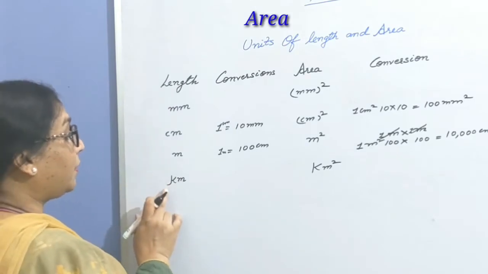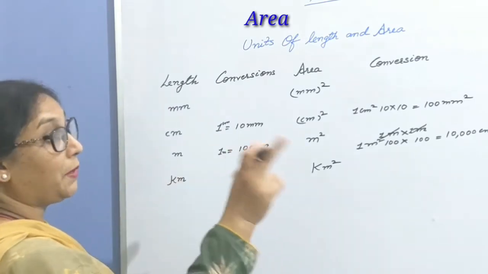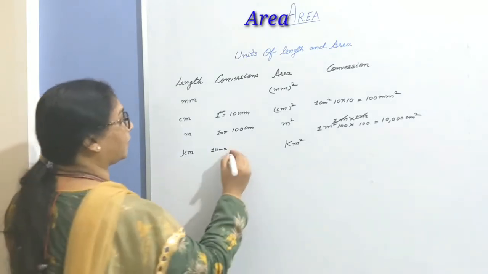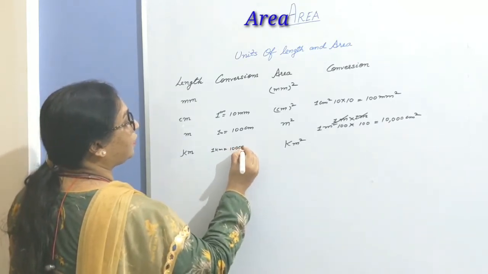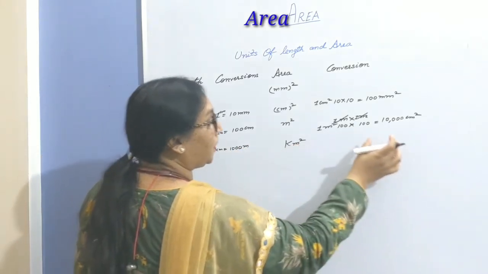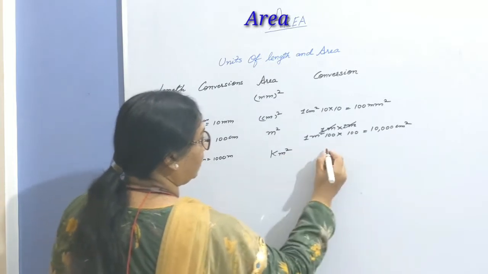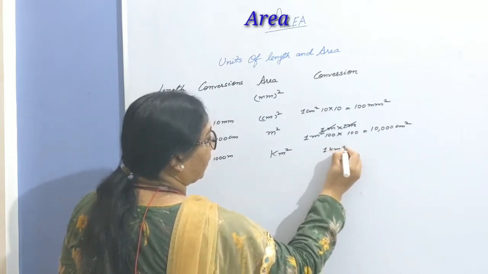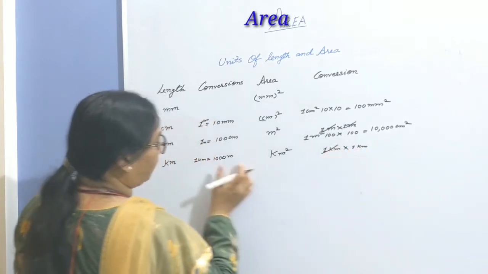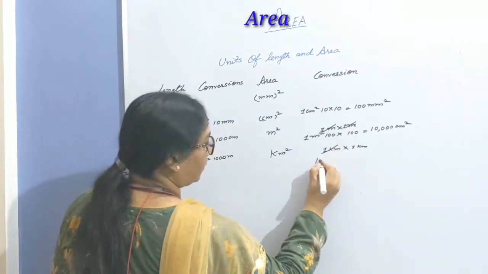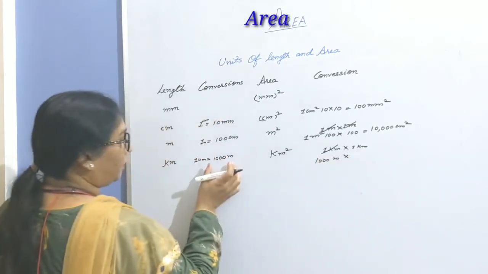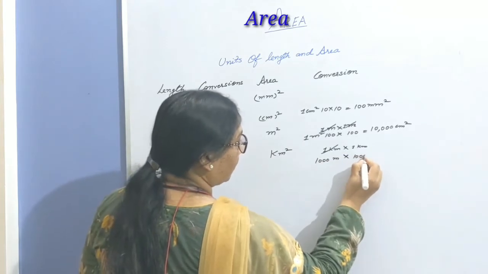Now let us learn how to convert kilometer square into meter square. Children, 1 kilometer equals how many meters? 1000 meters. As you are going to convert kilometer square into meter square, let us split this into 1 kilometer into 1 kilometer, and replace 1 kilometer by 1000 meter, into again 1 kilometer by 1000 meter.